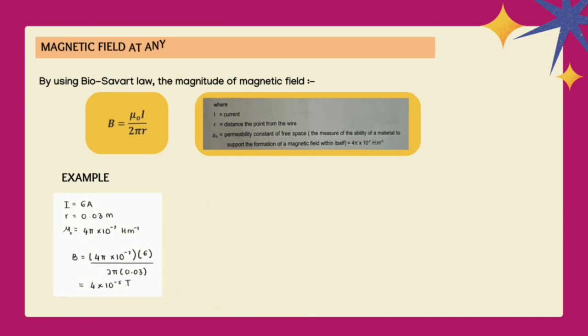As we can see, we can also prove that magnetic fields are present in our experiment by using the Biot-Savart law. The permeability constant is 4π × 10^-7. For long straight wire, using the formula that has been given in the video, insert the information: I is 6 ampere, R is 0.03 meter, and permeability constant as usual.